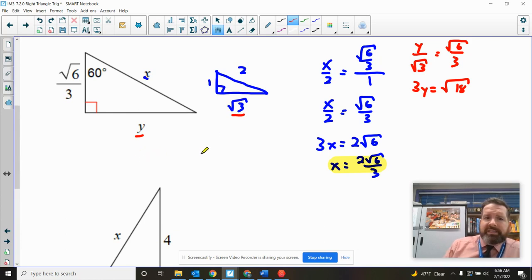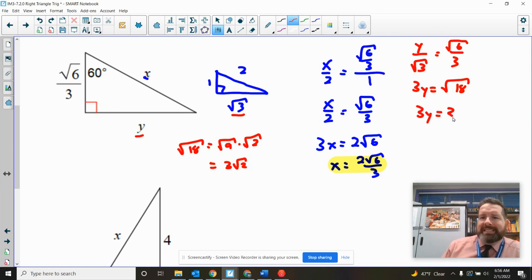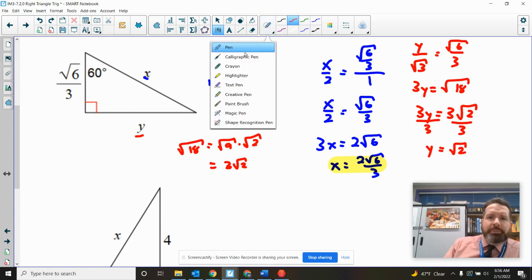So let's just think off to the side here for a little bit. 18 is 9 times 2, and the square root of 9 is just 3. So the square root of 18 simplifies to 3 square root of 2, divide by 3, and we've got y equals square root of 2.